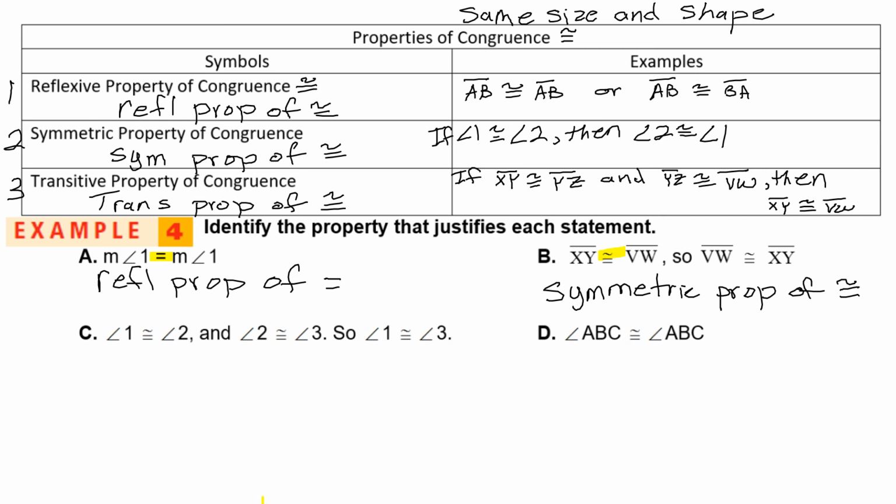Next up, angle 1 is congruent to angle 2, and angle 2 is congruent to angle 3. So angle 1 is congruent to angle 3. Yes, that is the transitive property of congruence. And remember, that is congruence because we have the congruent symbol.